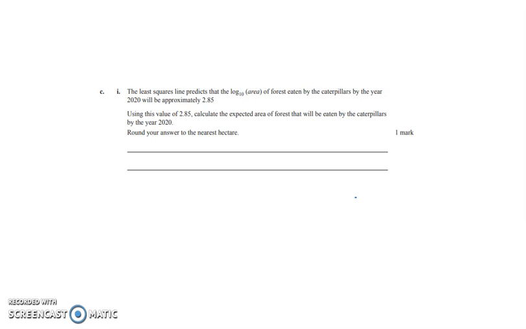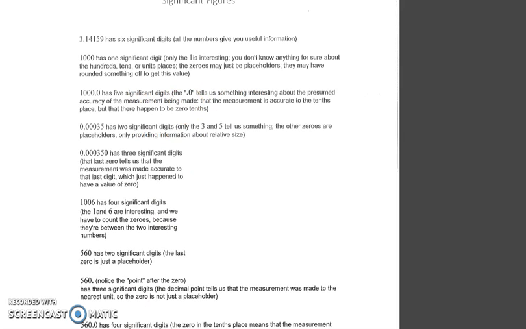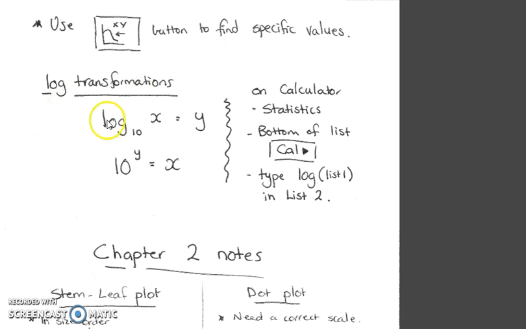Round your answer to the nearest hectare. This value of 2.85 is the value that we got on our calculator after we logged our original value. Looking at some notes, you might have some examples of log transformations. This y value here is 2.85, and we have logged an original value to get to 2.85. So we can rearrange this to make the 2.85 the power of the 10, and it gives us our final answer.